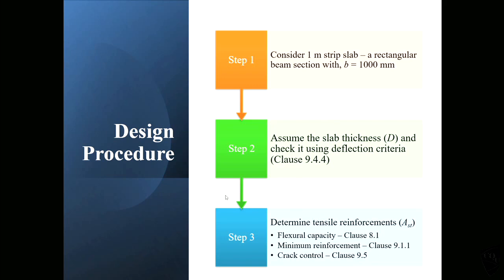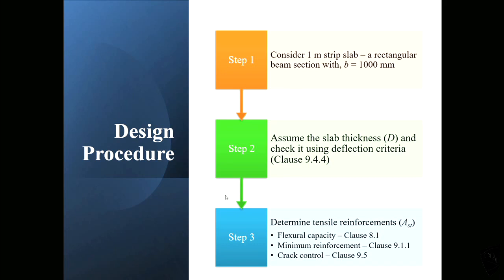Then do the deflection check to ensure our effective depth and the overall depth of the slab is satisfied for the deflection as well as durability and fire resistance. Then we need to determine the Ast, tensile reinforcement, using bending moment, minimum reinforcement and crack control.